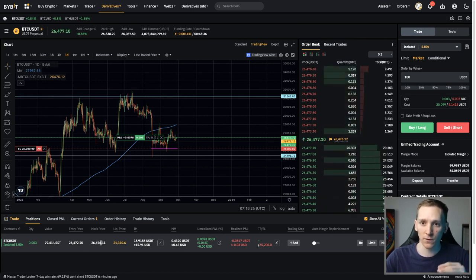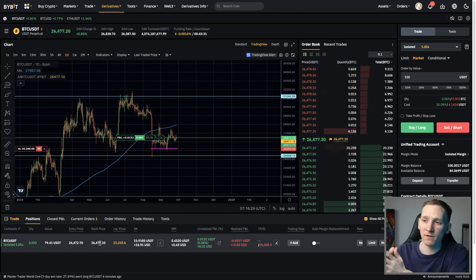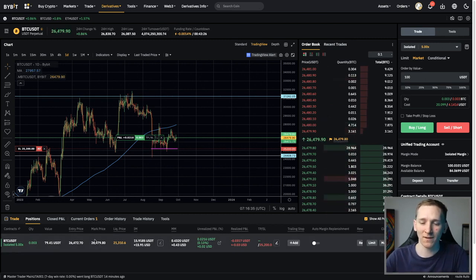That will be used to determine any liquidations, because what can happen is the market price on the system can go up and down and might be an error. That's why the mark price, the official contract price, is the official price that's used for liquidations. We also have the liquidation price here. You can see it's actually a little bit below 21,300 because of some fees and extras involved.